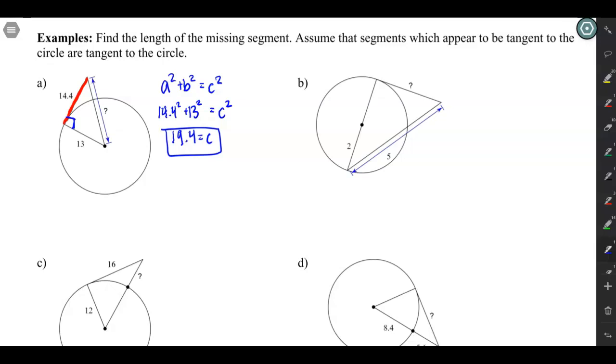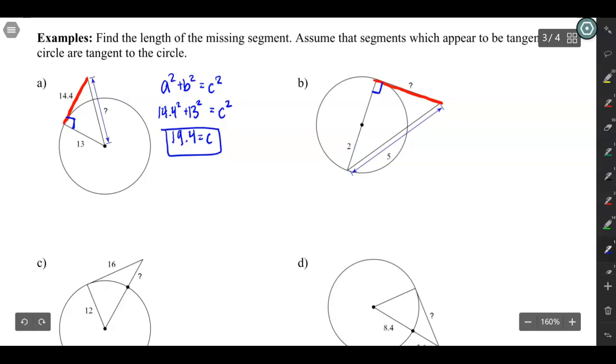All right, let's go ahead and take a look at another one. So we are going to assume that this line that looks to be tangent is actually tangent. So it forms a right angle here. One thing I want to point out to you here, this looks maybe a little bit weird. The way these are labeled, this 2 is labeled just for the bottom half of this circle.